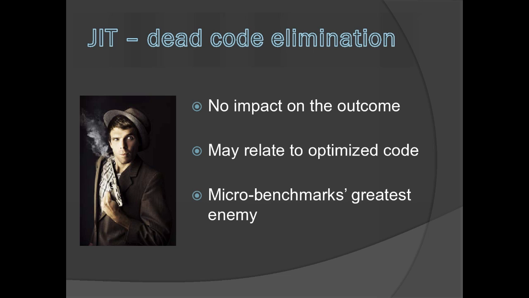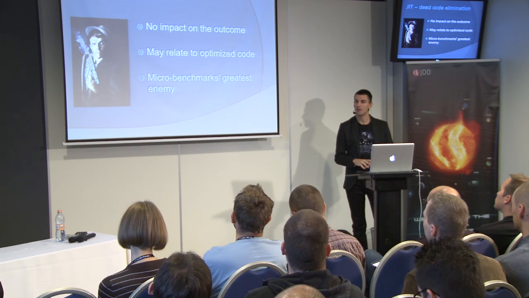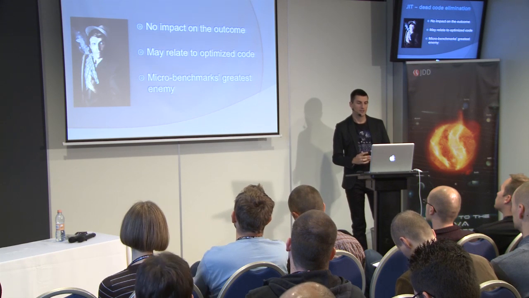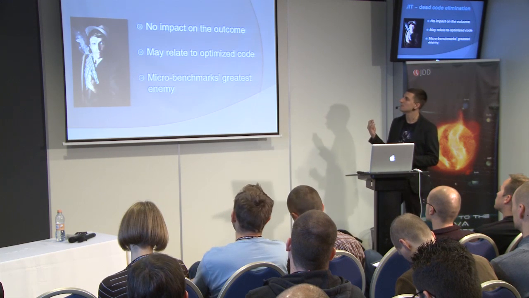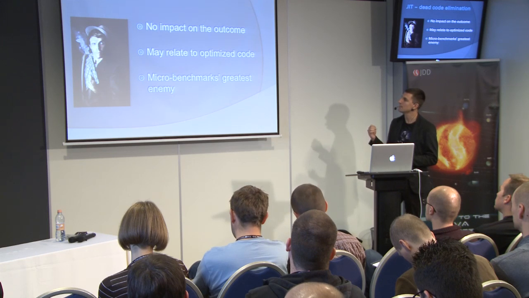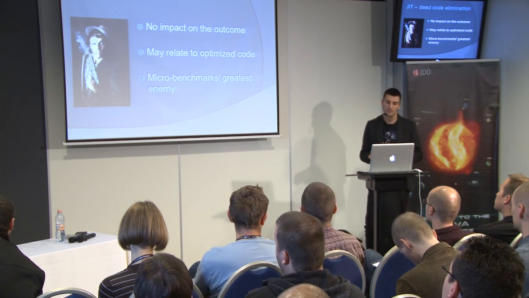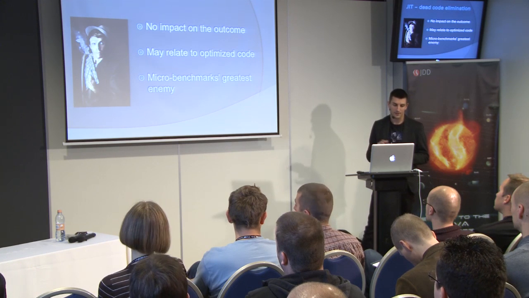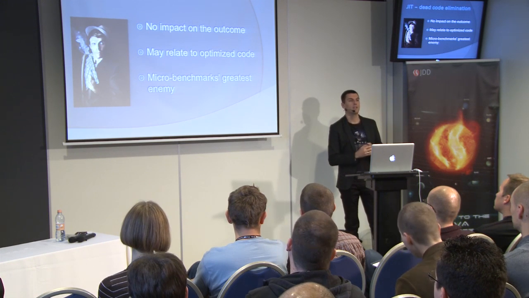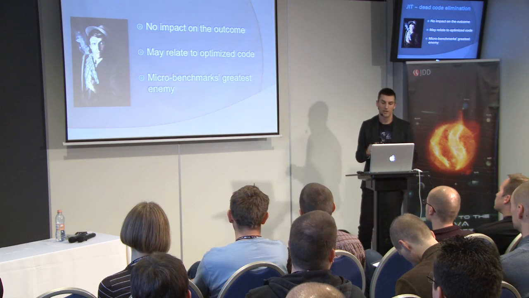Okay, dead code elimination. It causes the greatest problem in implementing microbenchmarks. In simple words, a microbenchmark is code that has no effect on the result. And dead code elimination is quite useful in real code.